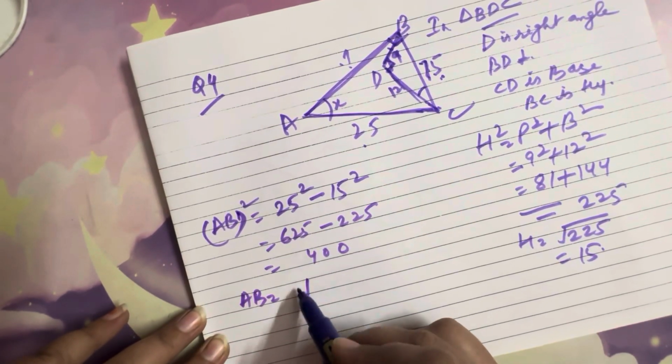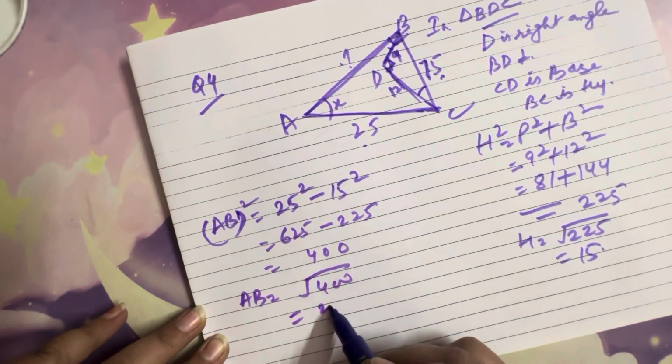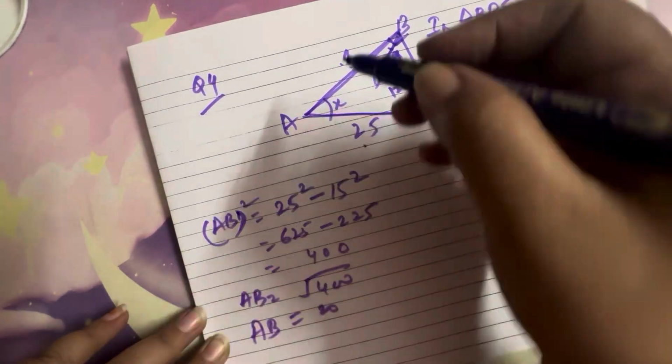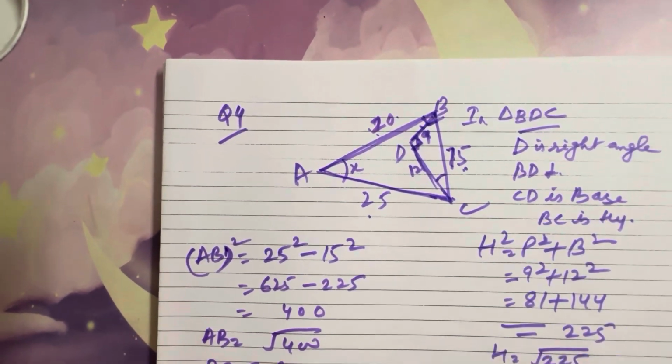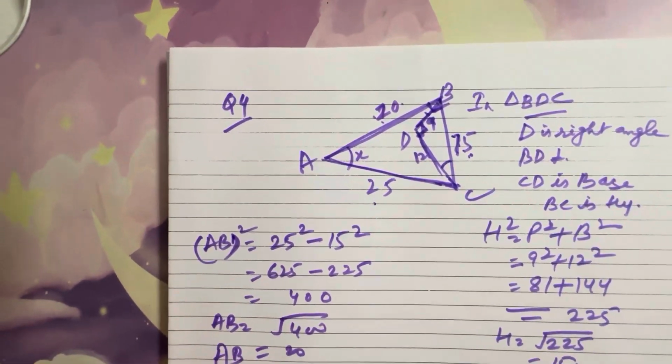AB is equal to under root of 400, that will be 20. So this side will be 20. Now we have found all the sides, so we can find the missing angles of this triangle.